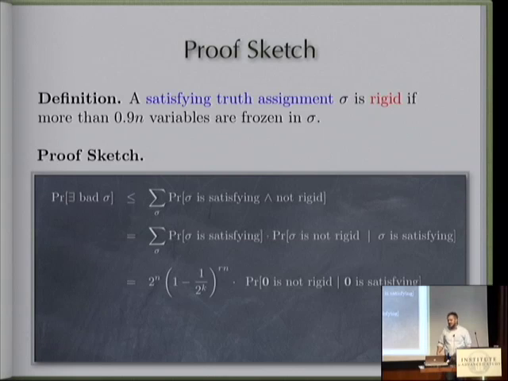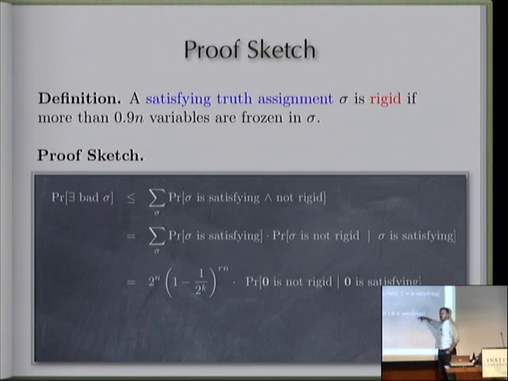And what's nice about this is that conditioning on all zeros being satisfying essentially gives me a product probability space. I go into my bag of all clauses, and I remove those n choose k clauses that disagree with all zeros. And then I sample uniformly from the rest. So this is a very nice probability space to work with.